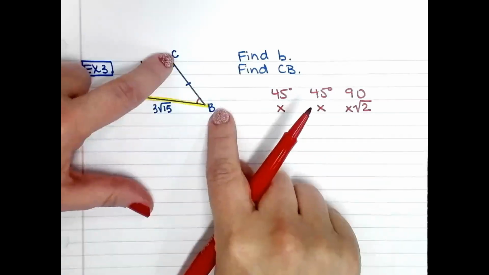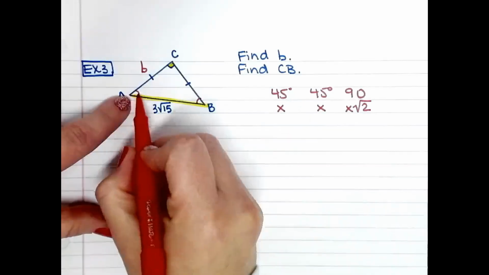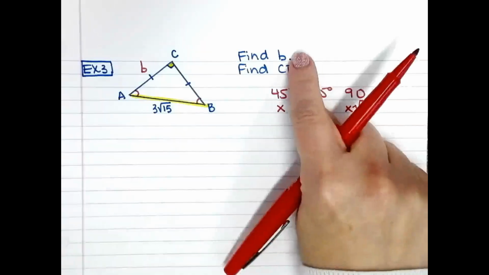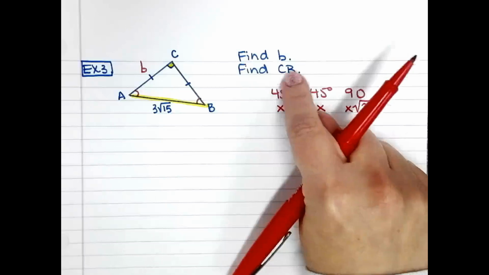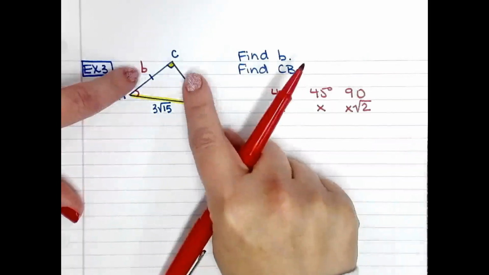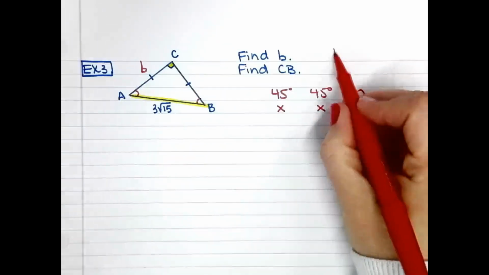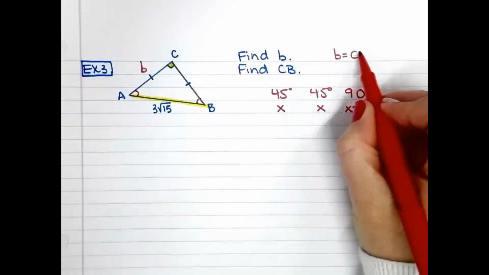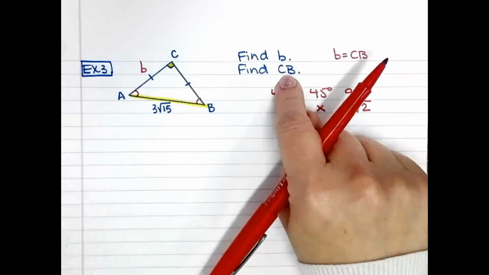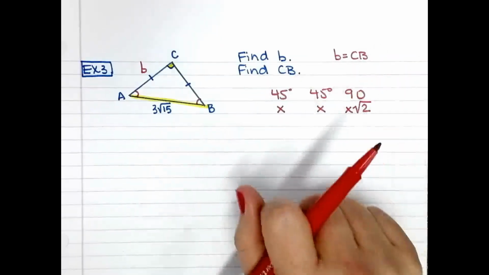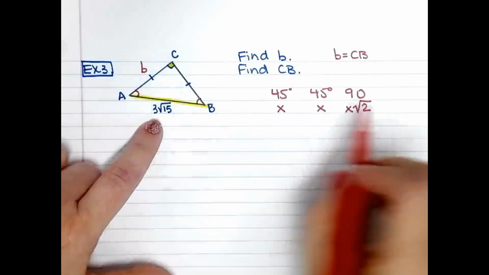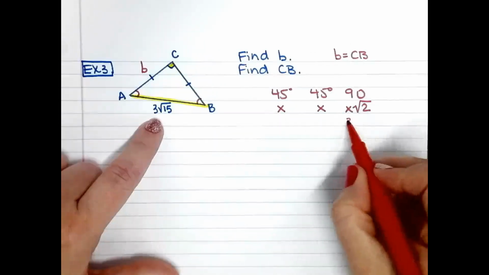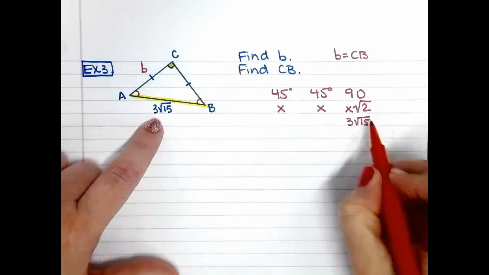And CB will also be directly across from 45. So as soon as I find b, I know b and CB are congruent. Right across from 90 degrees, I have 3 square root of 15.